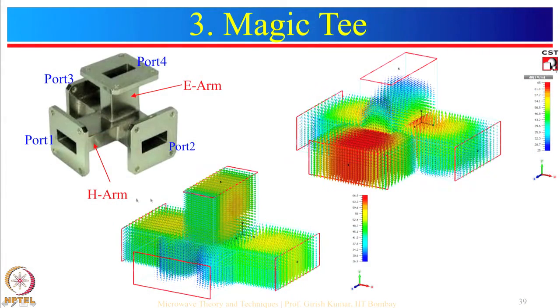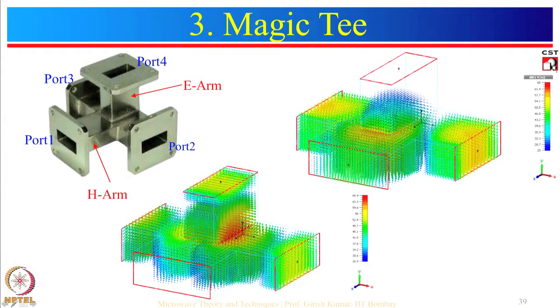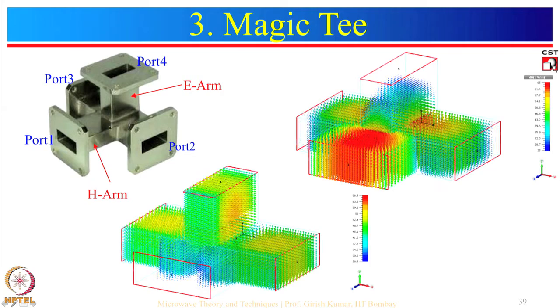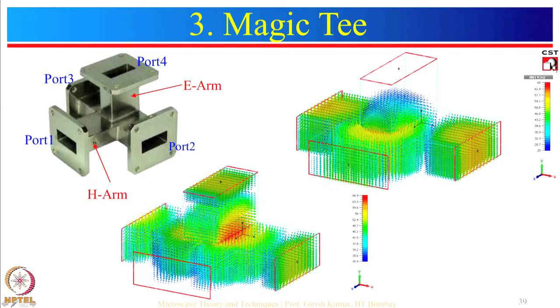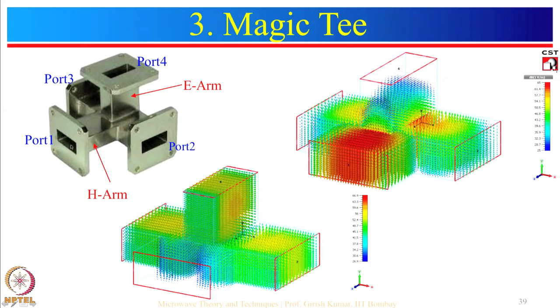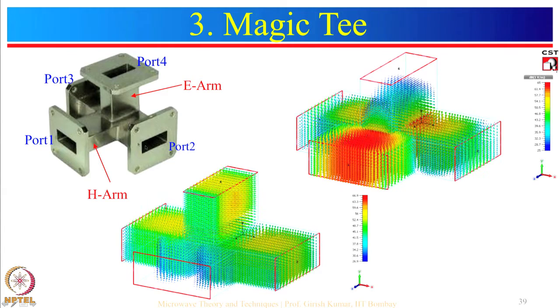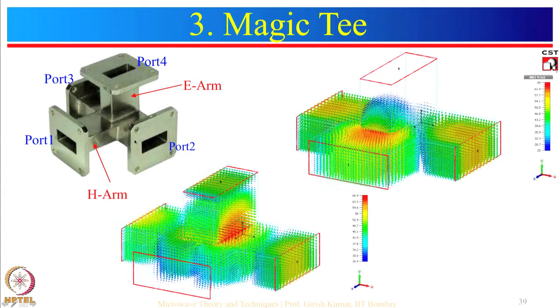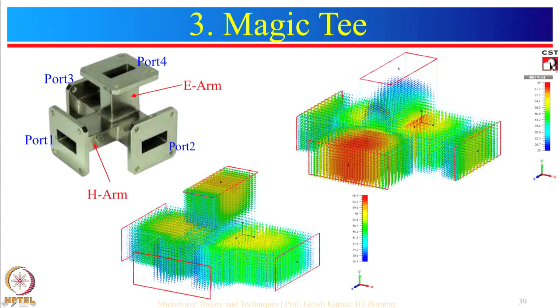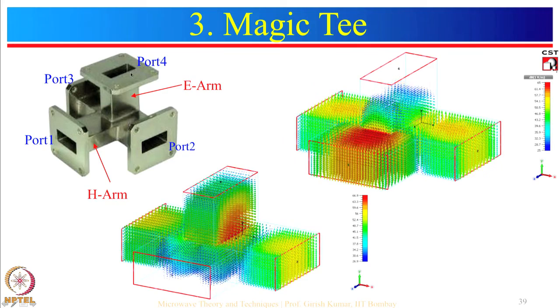Now, there is one more T, which is the magic T. In this, port 1 is the H arm, port 4 is the E arm, and 2 and 3 are collinear ports. If we give input to port 1, then power will be divided equally in 2 and 3 and the outputs will be in the same phase, and port 4 will be an isolated port.